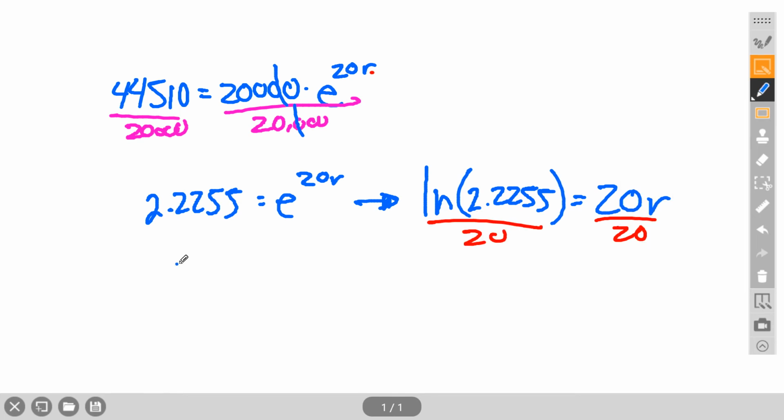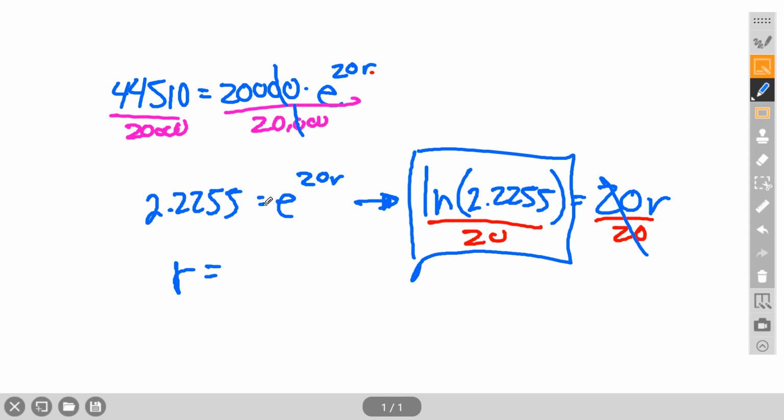So we're going to put this into the calculator to find the rate. The natural log of 2.2255 and divide that by 20. It gives us about 0.0399 repeating. Well, it's a bunch of nines at the end here.